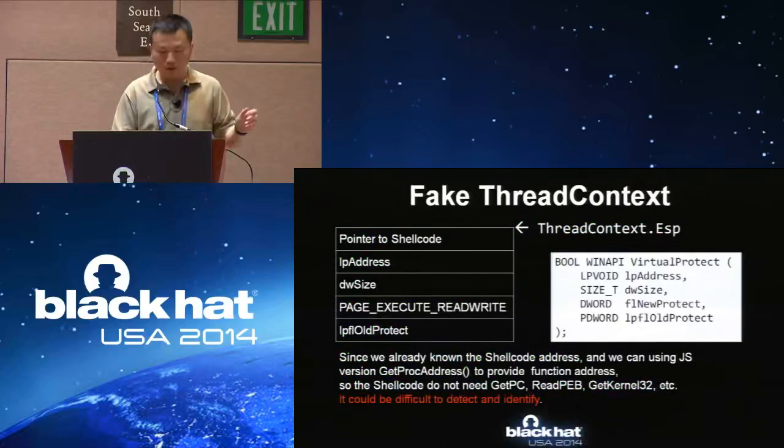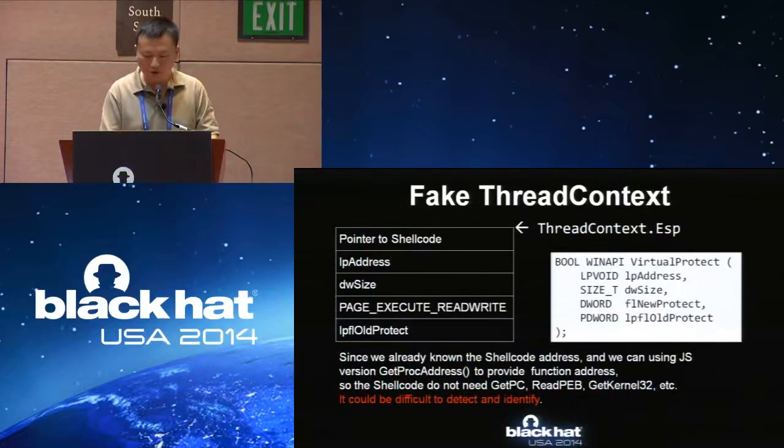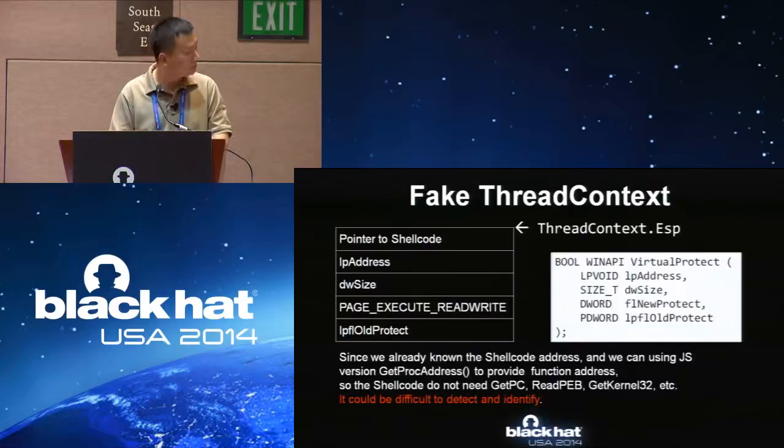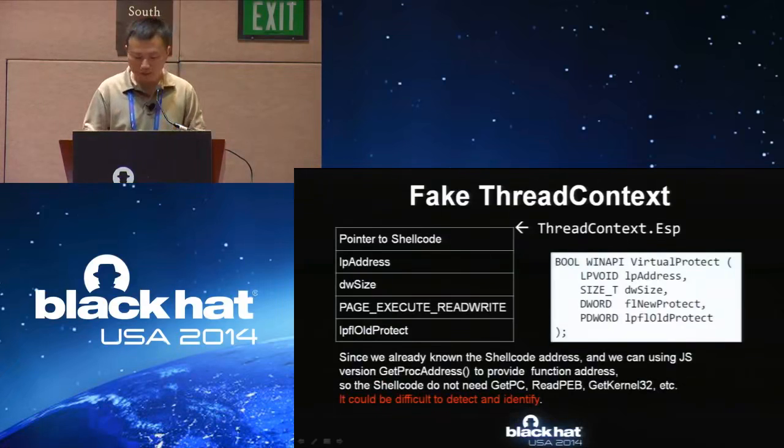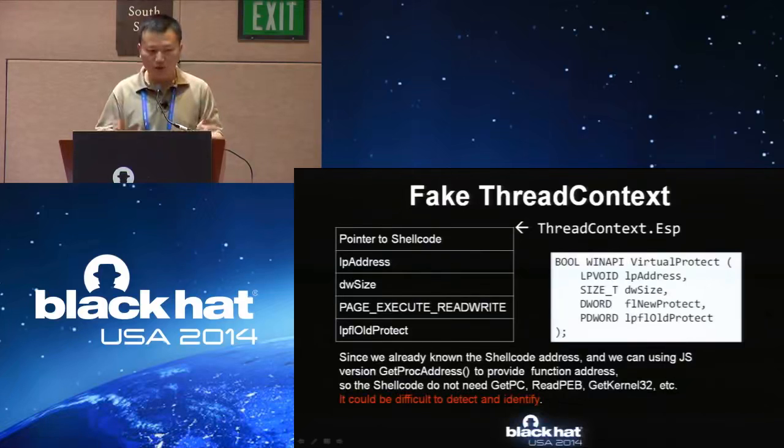Let's make it more clear. This is the fake thread context, our fake context. Here is the ESP. In this case, we set EIP to VirtualProtect and set ESP to a fake stack.